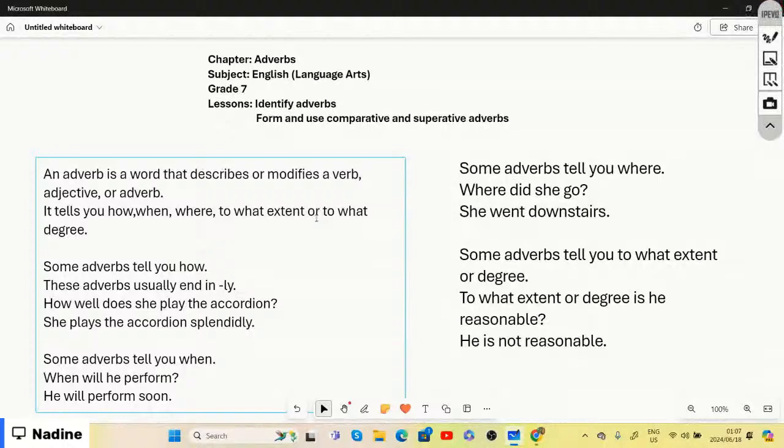And an adverb can either tell us how, it can tell us when, where, or it can even tell us to what extent or to what degree.